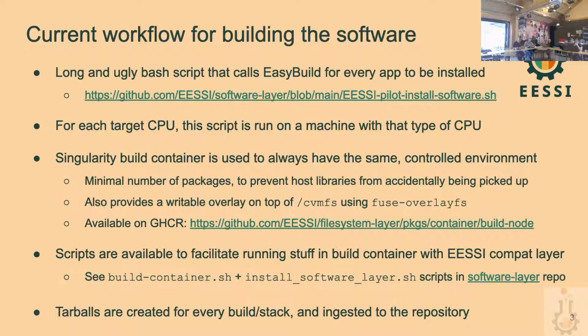Now, a big part of the software layer is how we build stuff for it, how we make it grow. Up until now, it's a relatively small set of applications: OpenFOAM, TensorFlow, you've seen them pass by. We can definitely do a lot more, but we want to prevent doing that effort manually, building that manually, creating tarballs manually, and then having to talk to Bob to ingest that on Stratum 0.